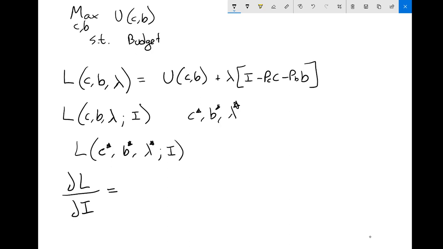If we did the total derivative, remember, C star is a function of the parameters. B star is a function of the parameters. Lambda star is a function of the parameters.